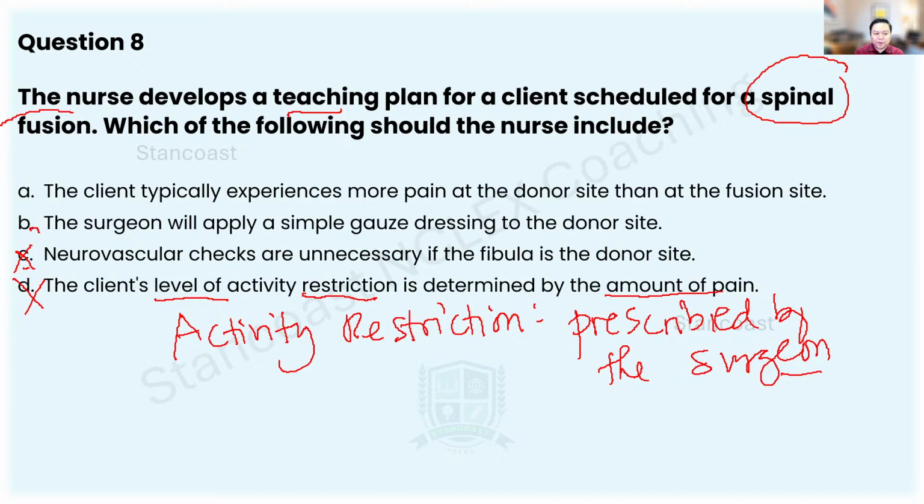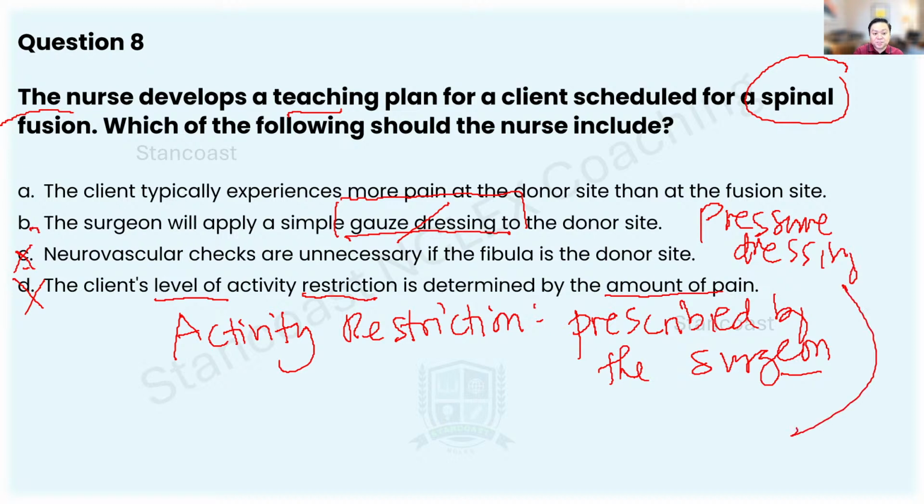Simple gauze dressing is not correct. They should be applying a pressure dressing. Pressure dressing will be appropriate this time, not a simple gauze dressing. And the reason for that is to control venous bleeding and oozing.